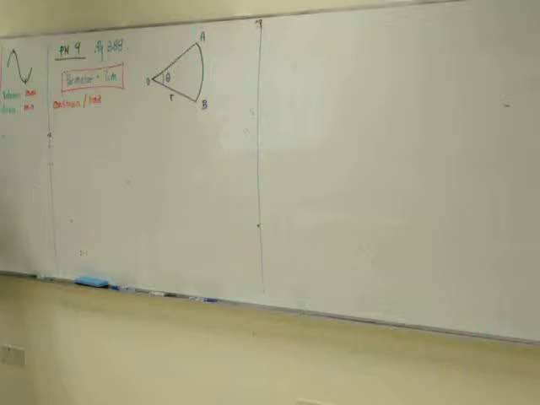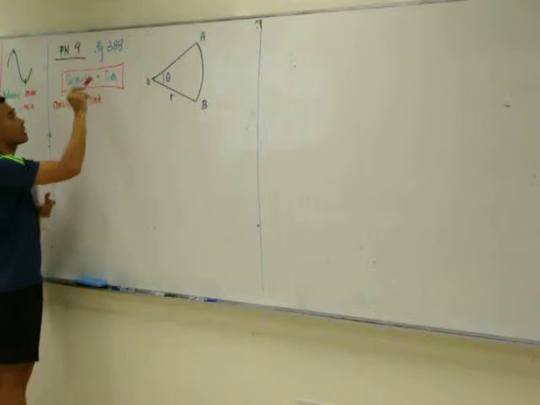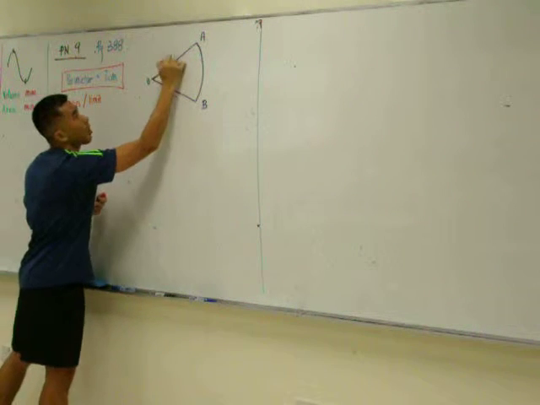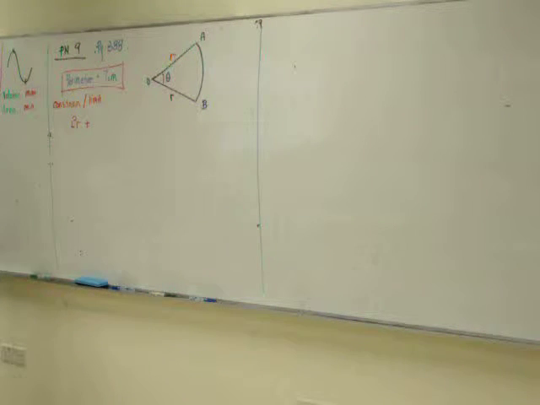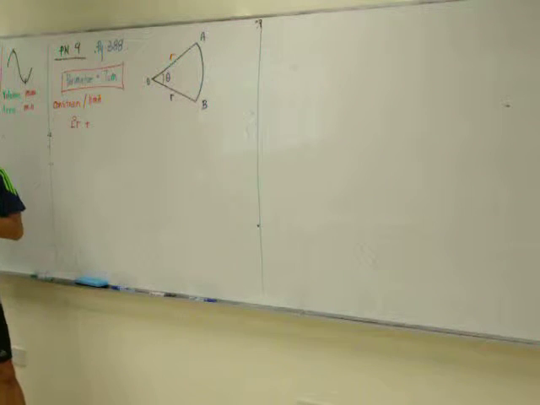Okay, Yihao, can you tell me how to form an equation that will allow us to get this perimeter 7 cm? Okay, you have your 2 radius plus AB. How do we find the arc length AB?